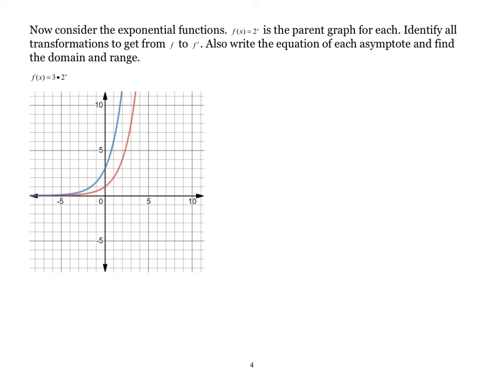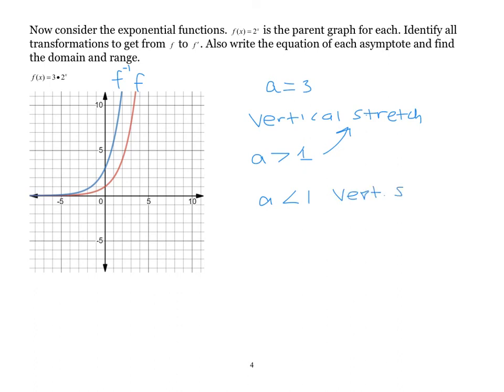So here we are given another equation. We are going to be doing the same thing. Remember, this is f, this is the transformed function. What I see here is that a is equal to 3. Remember what a does: it does what we call the vertical stretch. If a is greater than 1, we have a vertical stretch. If a is less than 1, this is going to be a vertical shrink.